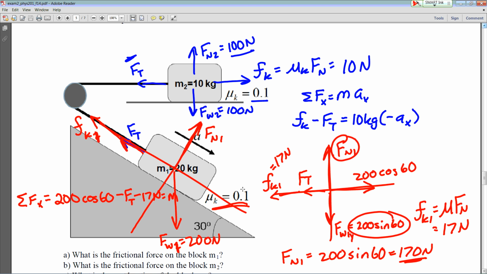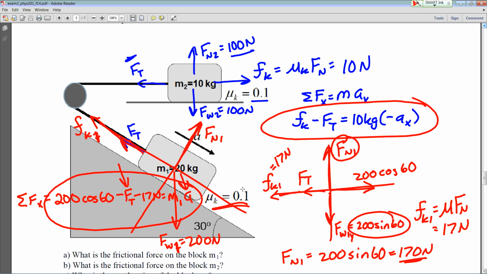And that's equal to the mass of block 1 times the acceleration of block 1. Okay, so now I have two equations. I have this equation, which has two unknowns. I don't know Ft, and I don't know a. And then I have this equation up here, where I don't know Ft, and I don't know a.